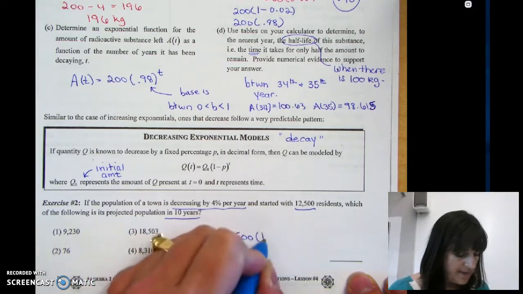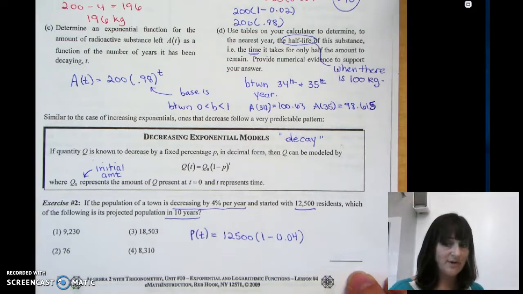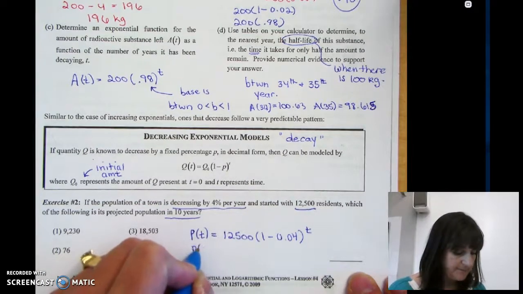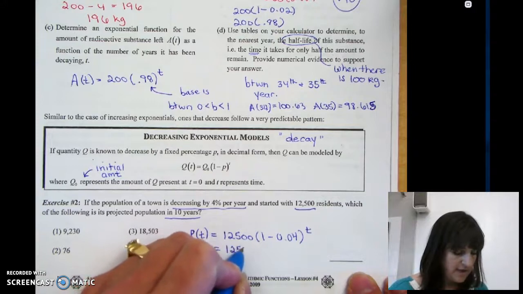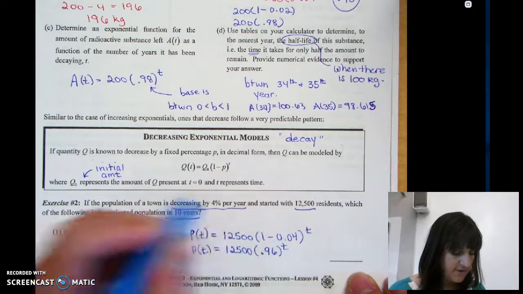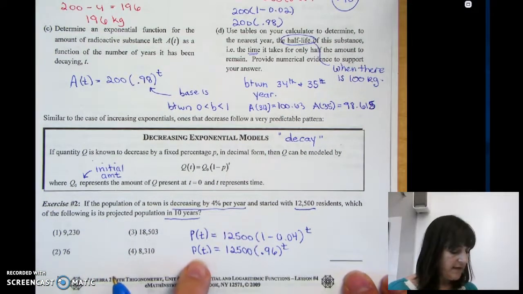And then we're going to do 1 minus 4 hundredths. Check to make sure that you changed 4% correctly to a decimal. And maybe you went ahead and wrote your function out as 96 hundredths for the growth factor, which is actually a decay factor.